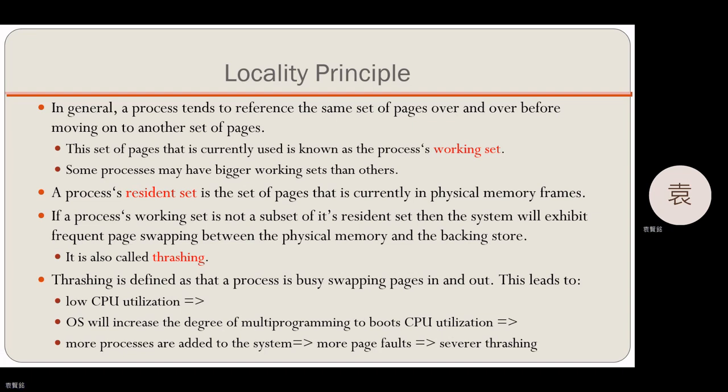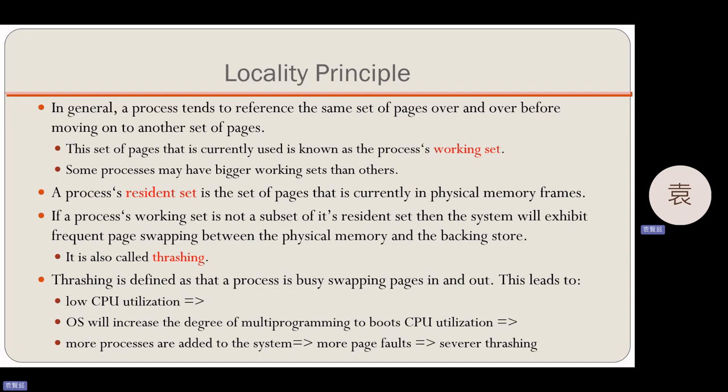Okay, and during the life cycle of a program execution, the working set dynamically changes, and its size itself also changes dynamically, depending on which part of the code segments the execution of this particular program is in.